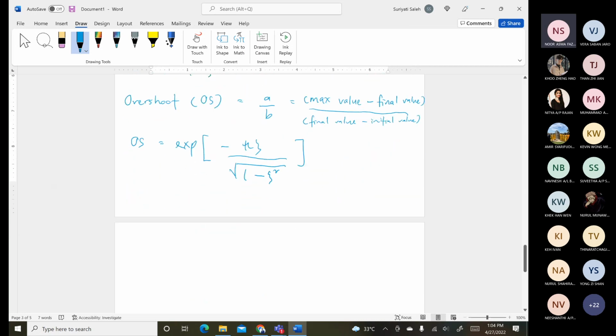This is what we call the decay ratio, or DR, where the decay ratio is obtained by the formula exponent of negative 2 pi psi divided by square root of 1 minus psi square.